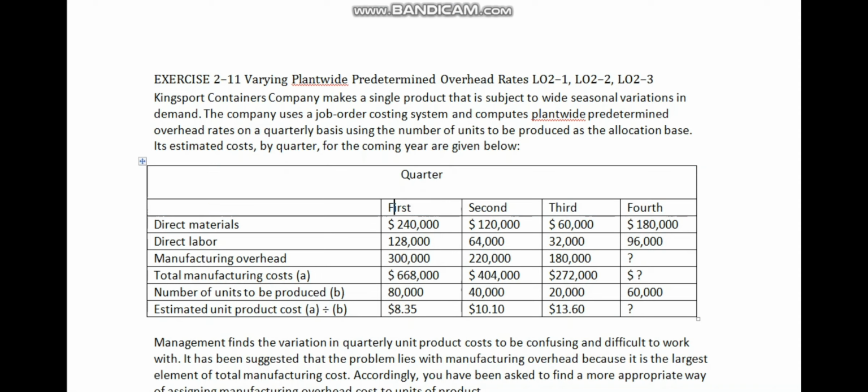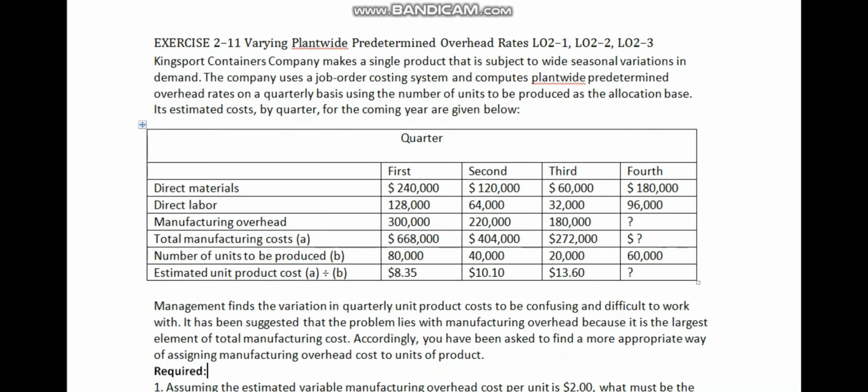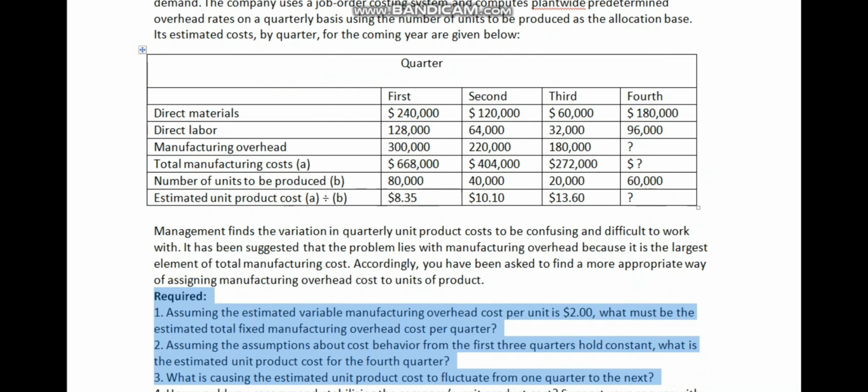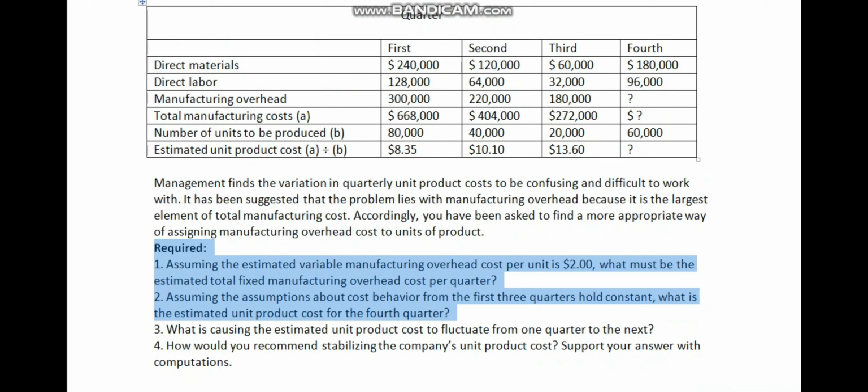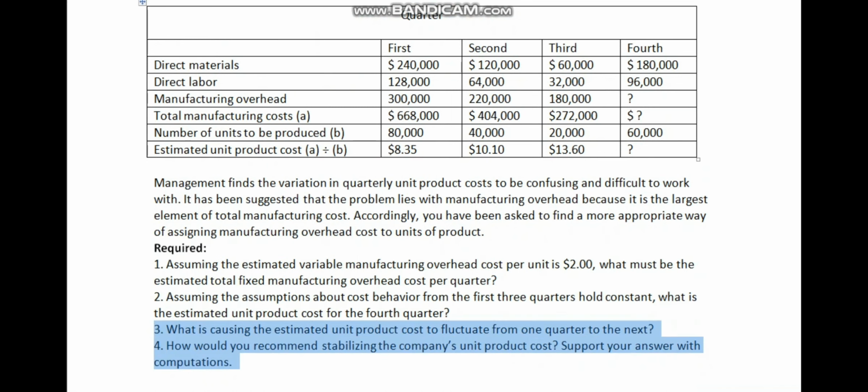There is the first quarter, second quarter and third quarter, and the data for the fourth quarter is missing, and it has a total of 4 requirements. I'm going to solve requirements 1 and 2 in this video, and for 3 and 4 I'm going to make a separate video.